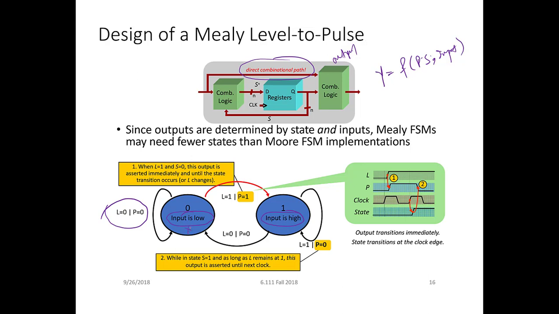So the output is not here, it is on the arc. Which means if you are in the input-is-low state and you receive an input of 0, your output is 0 and you remain in the same state.